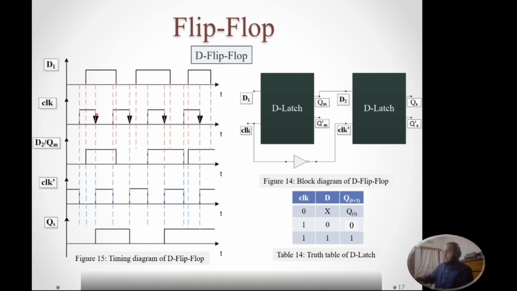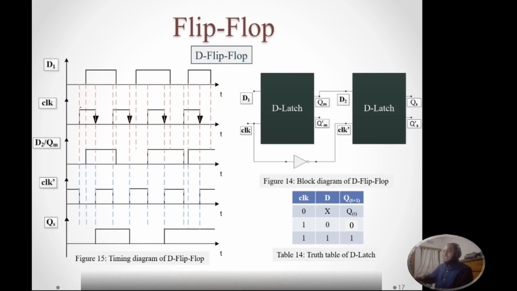After that we don't have any negative edge till this point, so our output will continue till this point, and at this point our main input is 0, so our output will become 0, and we don't have any negative edge till this point again, so our output will continue till this point.